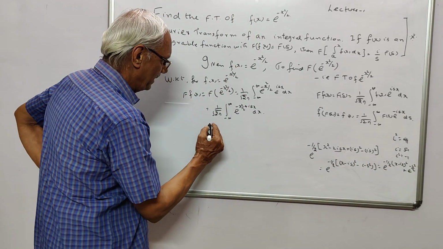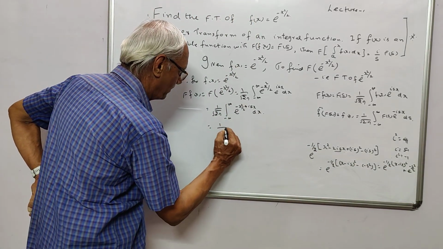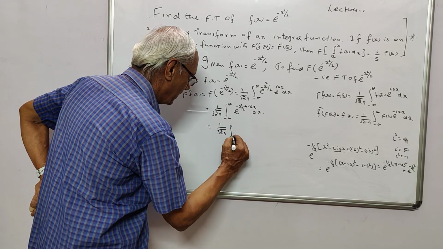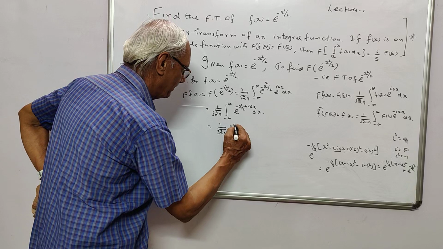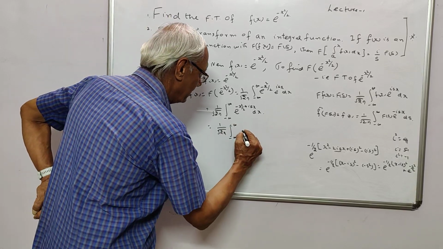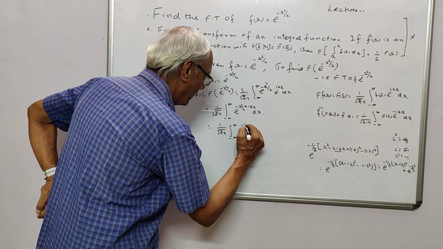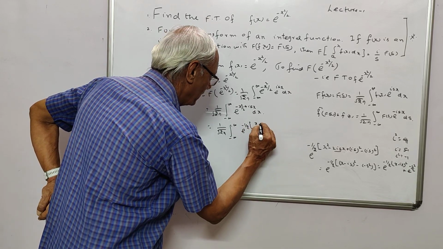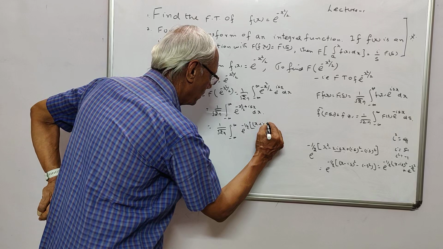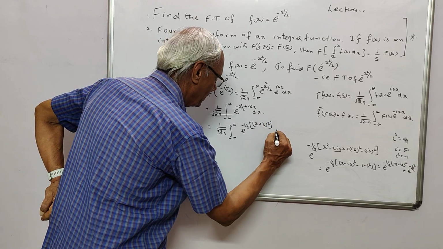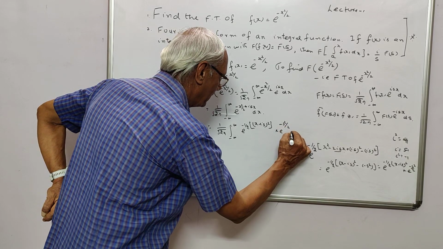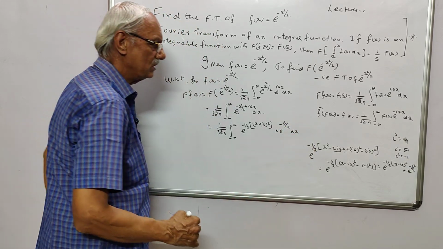So in this place I will write that: 1 by square root of 2 pi, integral from minus infinity to plus infinity, e to the power of minus half into (x minus is) whole squared, into e to the power of minus s squared by 2, dx. So this is what I will get.